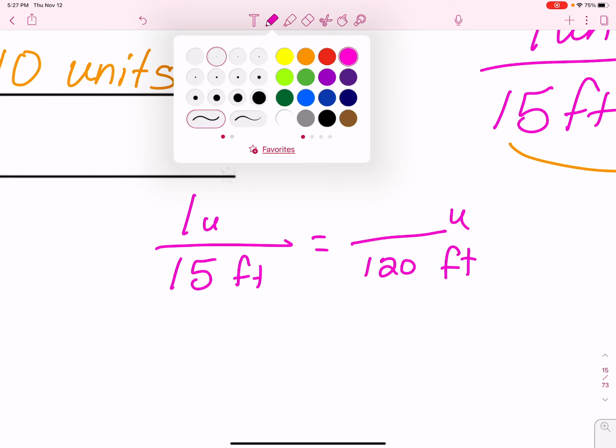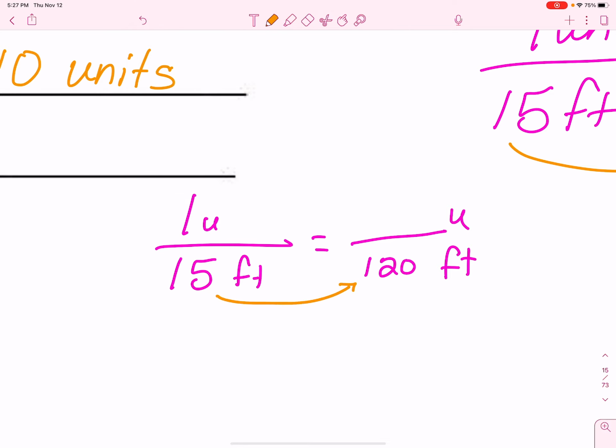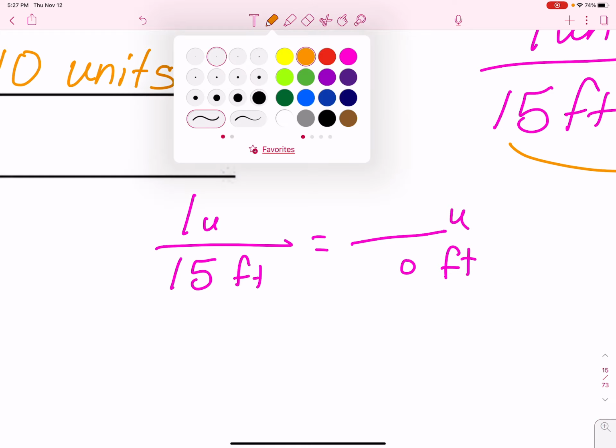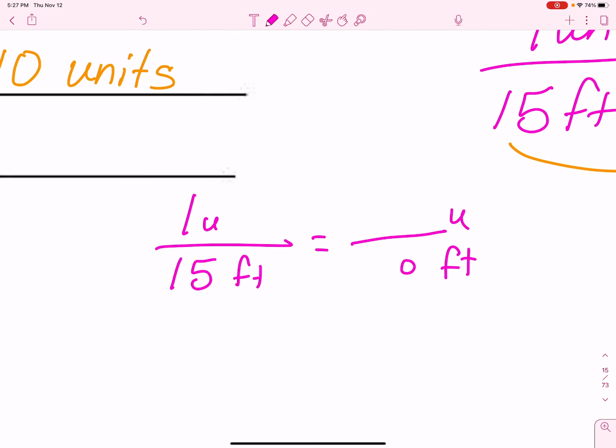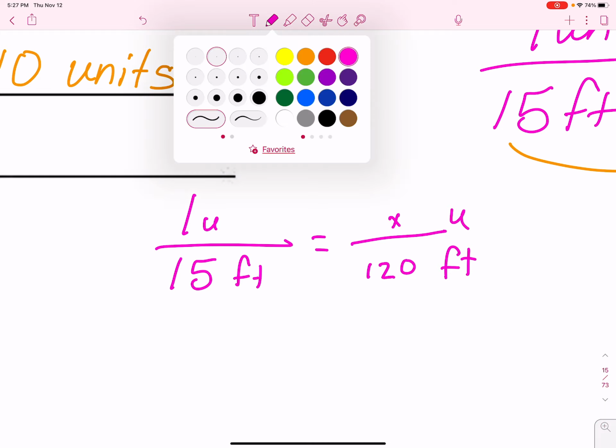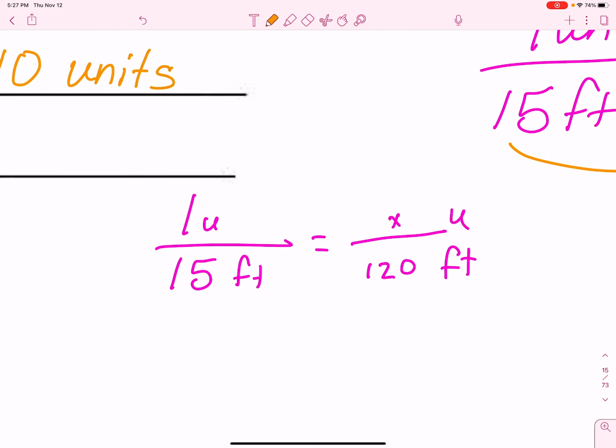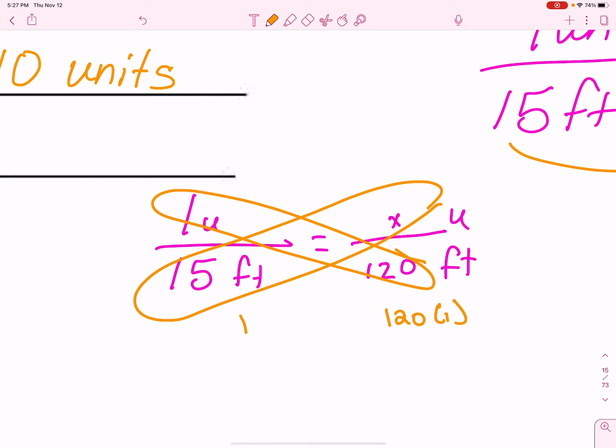Okay, so now I'm going to look for my side to side. Oh, there's no side to side there, so I can't do that. So I'm going to have to go back to this and solve for x on this one because there was no side to side. That's okay. So this is 120 times 1 and 15 times x.